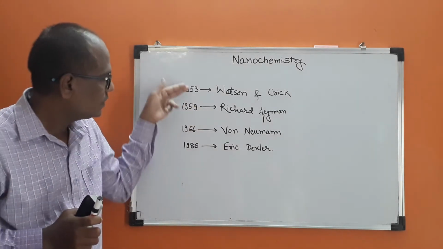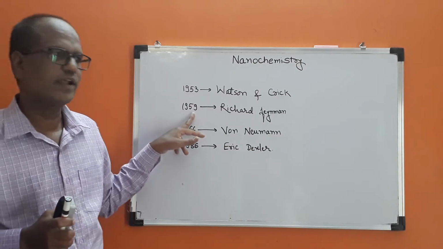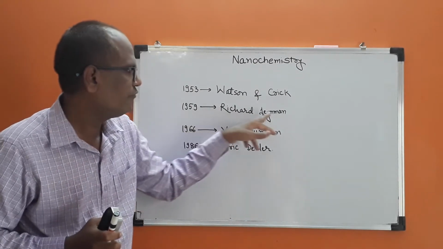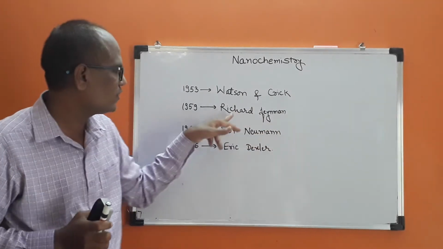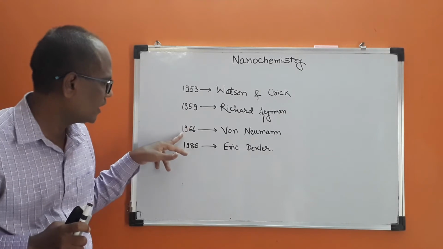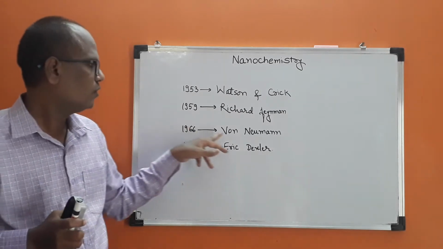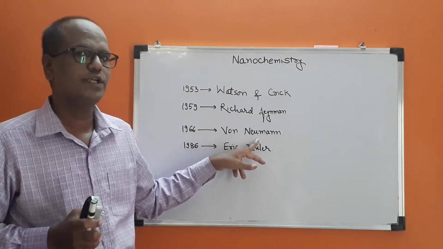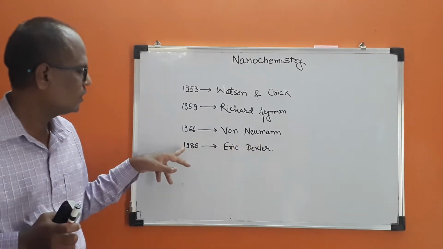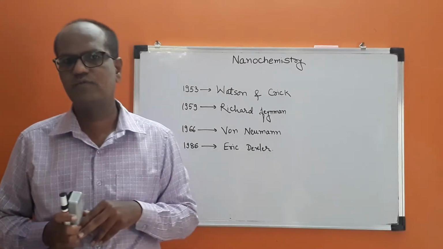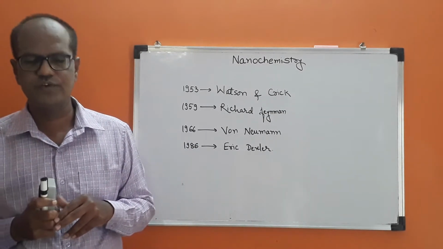After that, the same research was forwarded and contributed to by Richard Feynman, the scientist who did his research around 1959. After that, in 1966, von Neumann did his research in nanotechnology or nanochemistry. In 1986, Eric Drexler is also the name of a scientist who contributed his research.